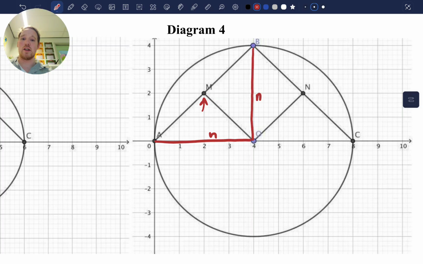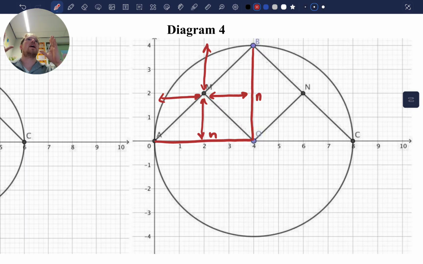So both of these values are n. Now m is exactly halfway there. The x value is halfway from A to O. It's the middle there. Similarly, the height of this m value is also half the height of the radius of this circle. So since both those values fully are n, since I'm halving them both, they're both n over 2.